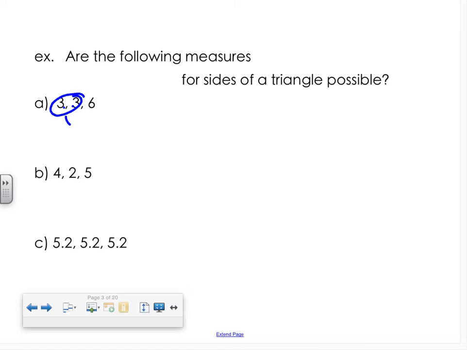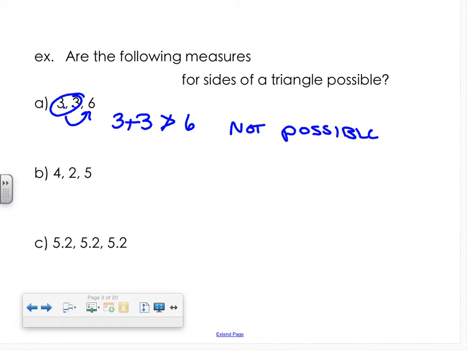The sum of these two is not greater than. Now remember, I didn't say greater than or equal to, I said greater than. To prove it, 3 plus 3 is not greater than 6, so I'm putting the greater than symbol with a line through it. So this is not possible. Not a possible side length.